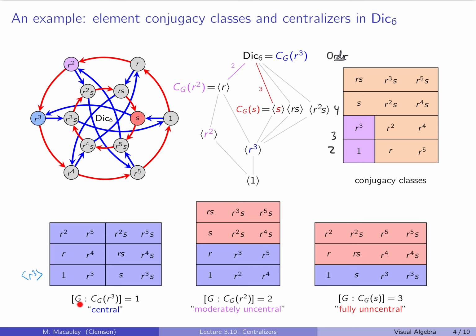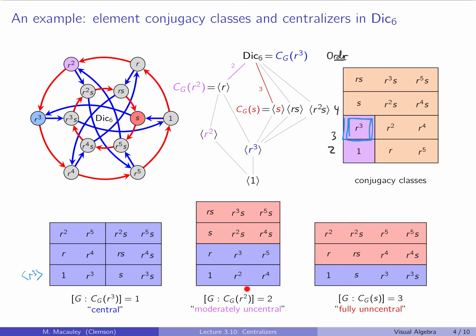It has index 1. Now here's what I want you to notice. The index of the centralizer is also the size of the conjugacy class over here. So that 1 is equal to that 1. So in this case, r cubed is truly central.